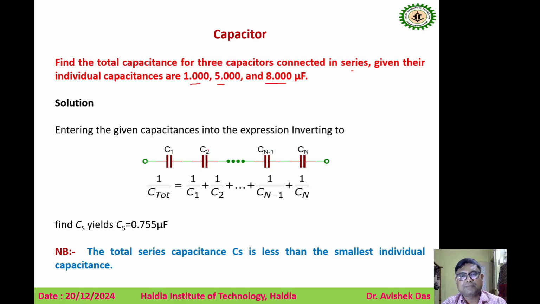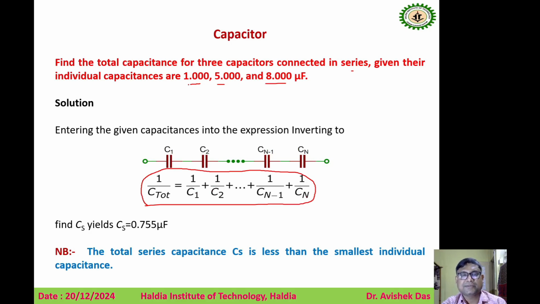For that we apply this formula. If the capacitors are connected in series, you can determine the total capacitance using 1 by C total is equal to 1 by C1 plus 1 by C2 up to 1 by Cn.